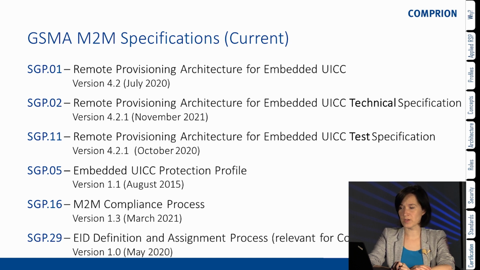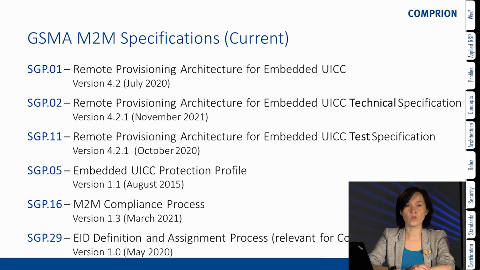SGP11 is the test specification for SGP02 and 01. The name of this specification is Remote Provisioning Architecture for Embedded UICC Test Specification. This is a specification which is required for the functional certification. It contains the tests, and since we don't have requirements for the device in the M2M world, it contains only the tests for the eUICC and the server side.